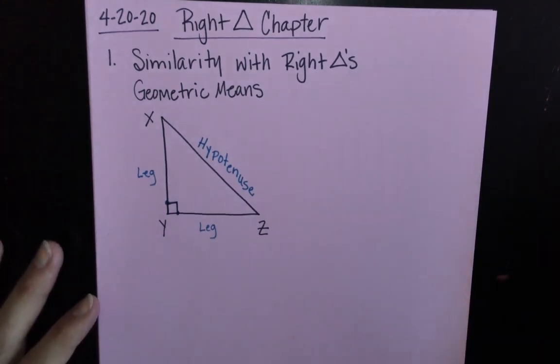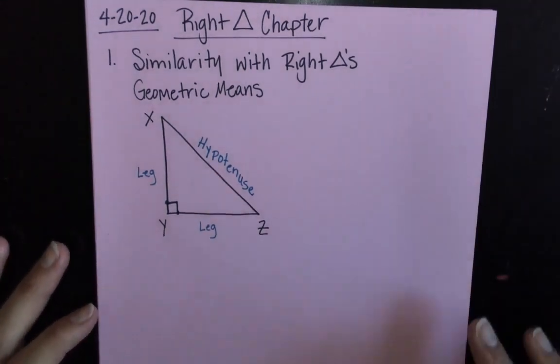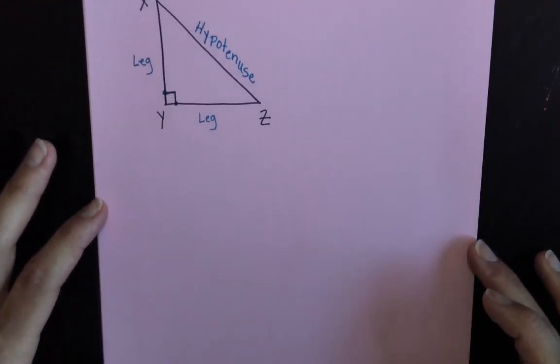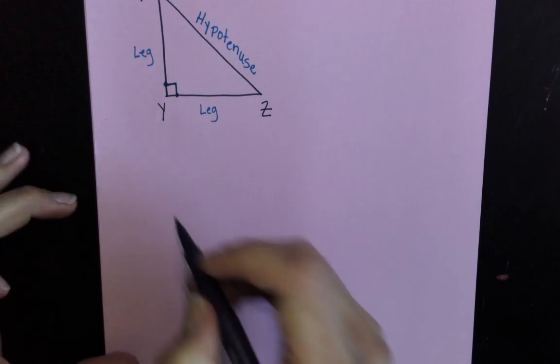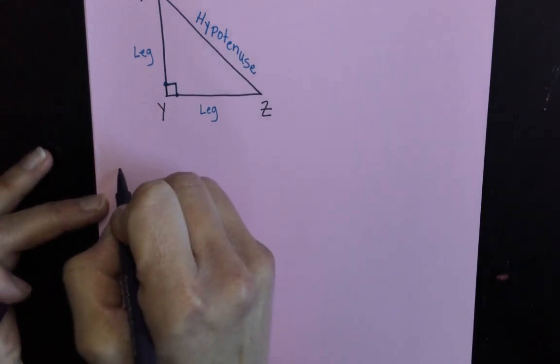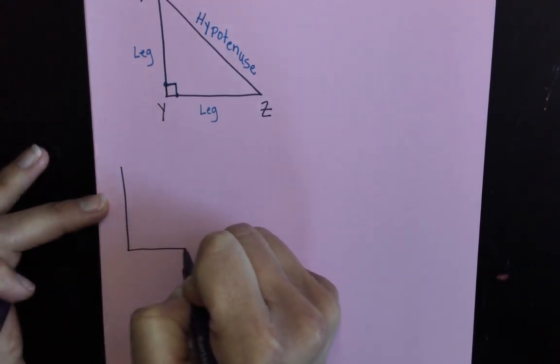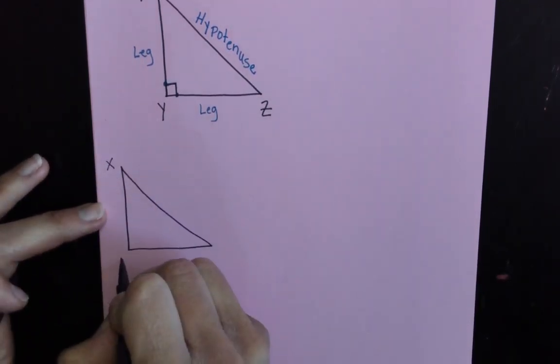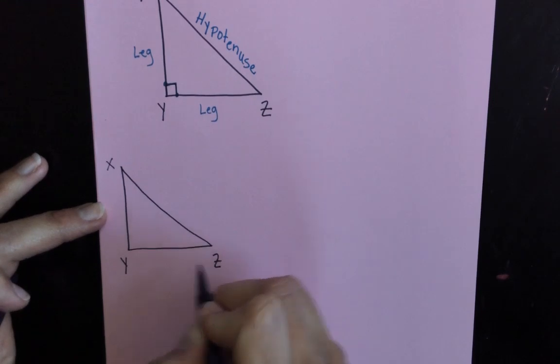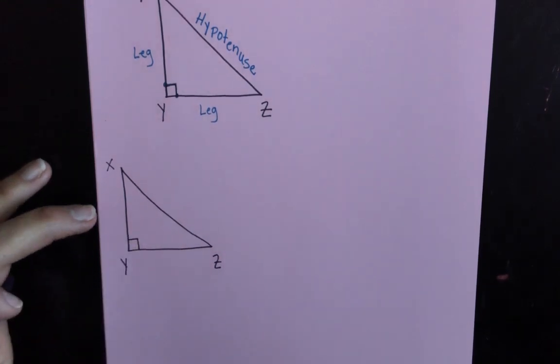The next thing that I want you to do then is we're going to draw this again underneath here. And this time, we're going to go ahead and label it again X, Y, Z. We're going to put our right angle in there.